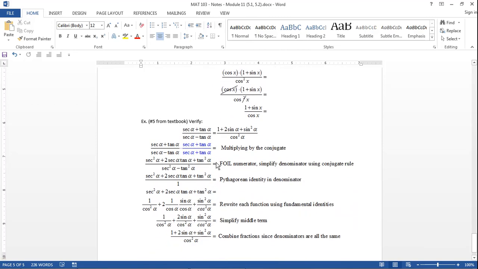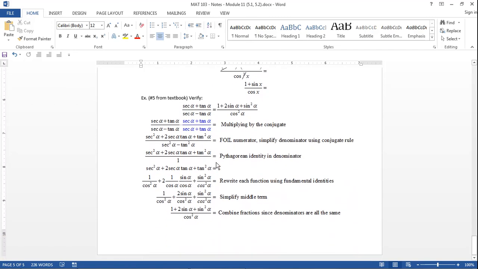Okay, so next up, this is example 5 from the textbook. This is the same idea. I've got a lot of stuff going on, but on the left side, I see I've got this complicated denominator. I immediately think, okay, I can multiply by the conjugate to get rid of that denominator.